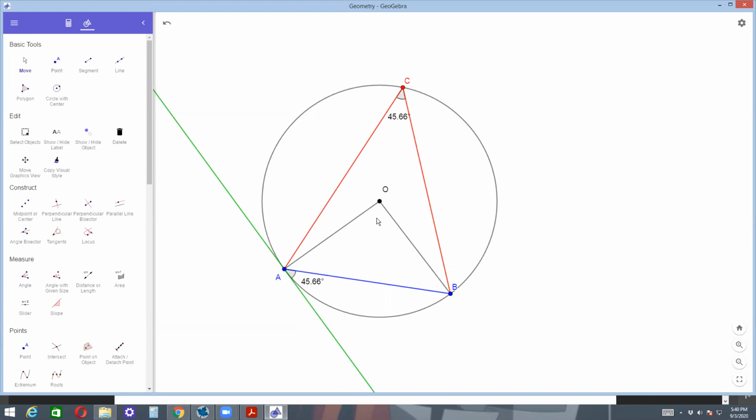So this should be 180 minus 2 alpha. And then it should be 90 minus alpha. Oh, I got that mixed up. So 90 minus alpha, 90 minus alpha, then this would be 2 alpha and you're done. Because if this is 2 alpha, then this is alpha. Yeah, that's it. Good way.